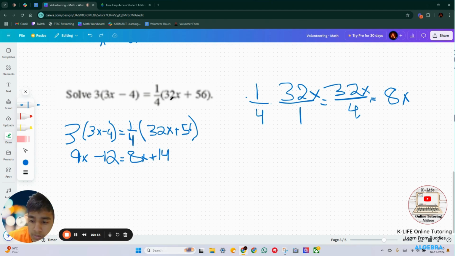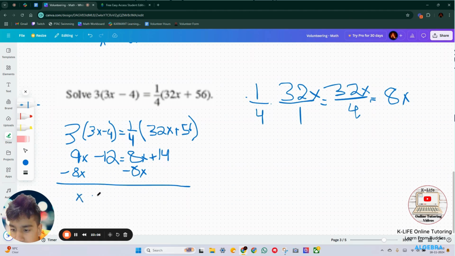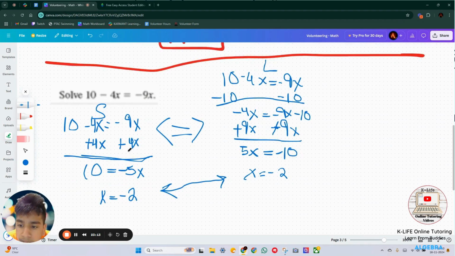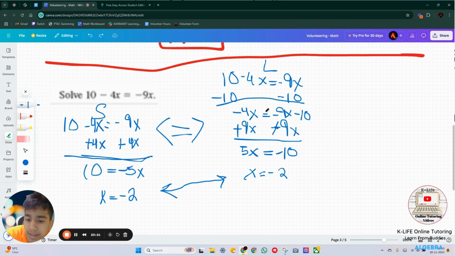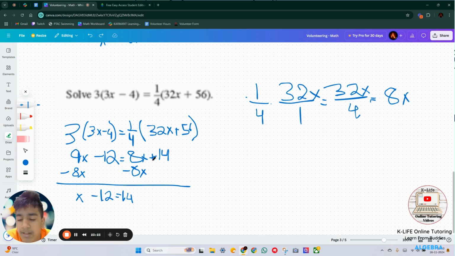So, what you now do is minus 8x on both sides. Okay? You get 9 minus 8 is x, minus 12 equals 14. Now look at that. That's referring to something that we did in the first two lessons.